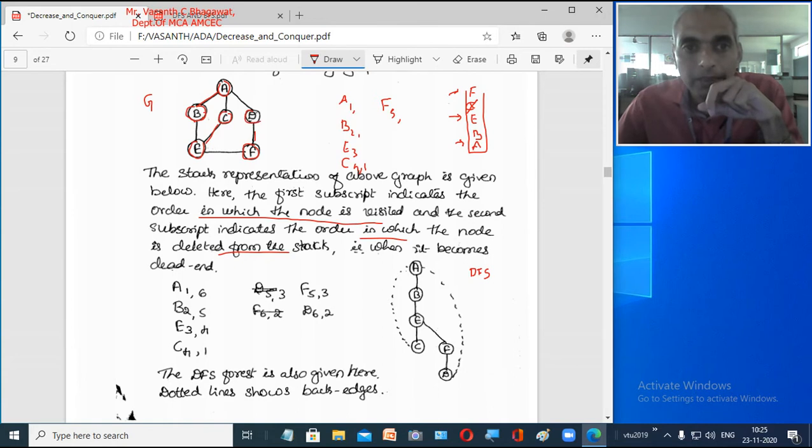Marking D as visited means you push D into your stack. So after F, the next node you are visiting, we will write it here. This is how you are going to traverse. D is the sixth node.